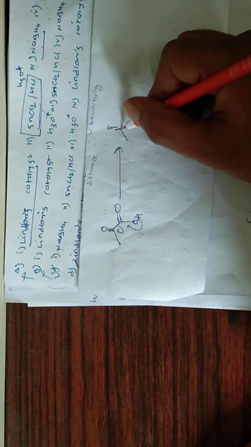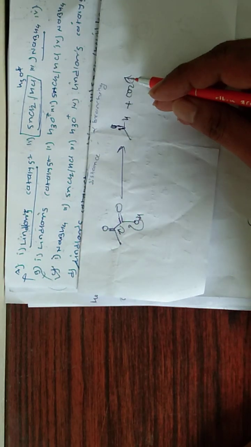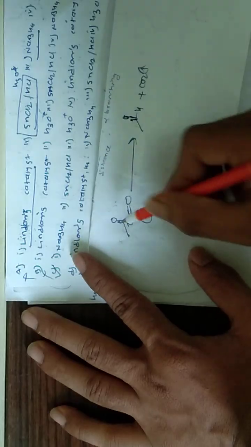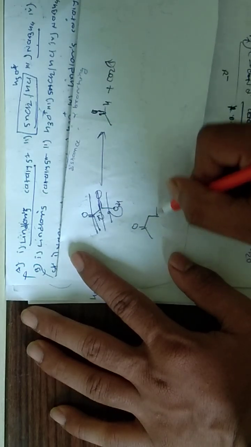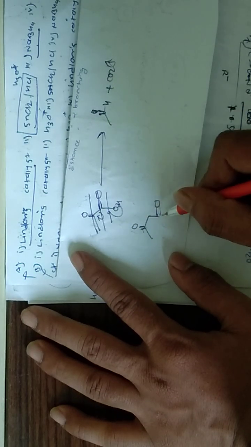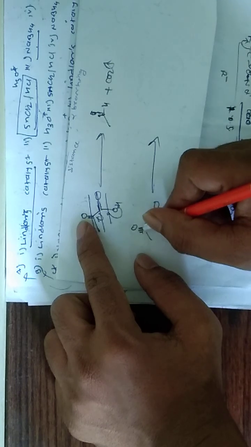and it will be converted to aldehyde plus CO2 gas, because negative charge, sorry, not this type of structure, I missed one carbon here. This is a beta keto carboxylic acid. If this type of structure is present, then there is no requirement of soda lime.